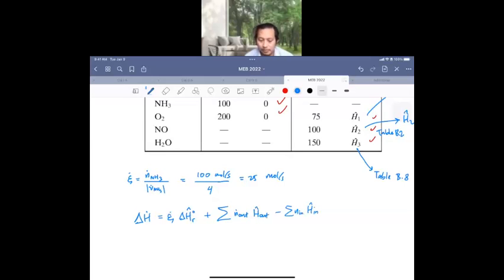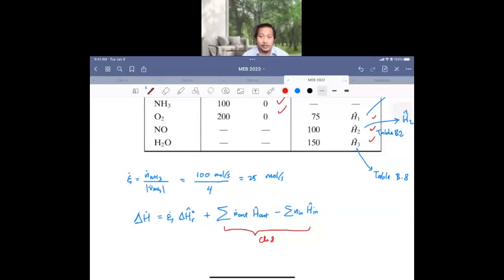So what's the difference between chapter 8 and chapter 9? Basically, chapter 8 is what we are talking about here. We find it from the table, put it into the calculation and find the delta H. Or we could also say it's chapter 7, but chapter 7 is mostly simplified.